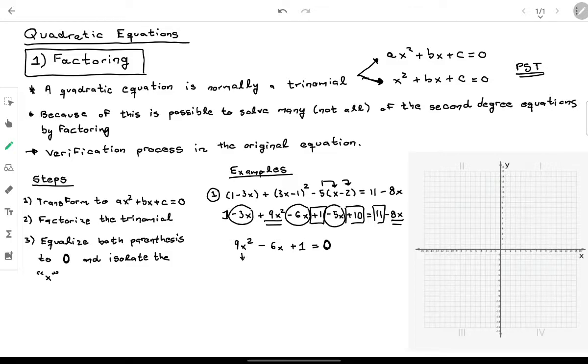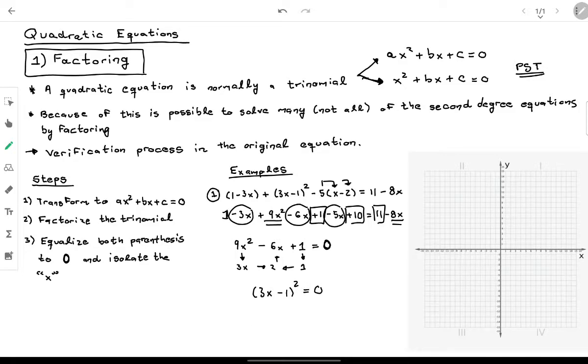Why? The first one has a square root that is 3x. The third one has a square root that is 1. And the middle one will be 2 times the first one multiplied by the second one. That means we can factorize this one as 3x minus 1, all of it squared, equals 0.